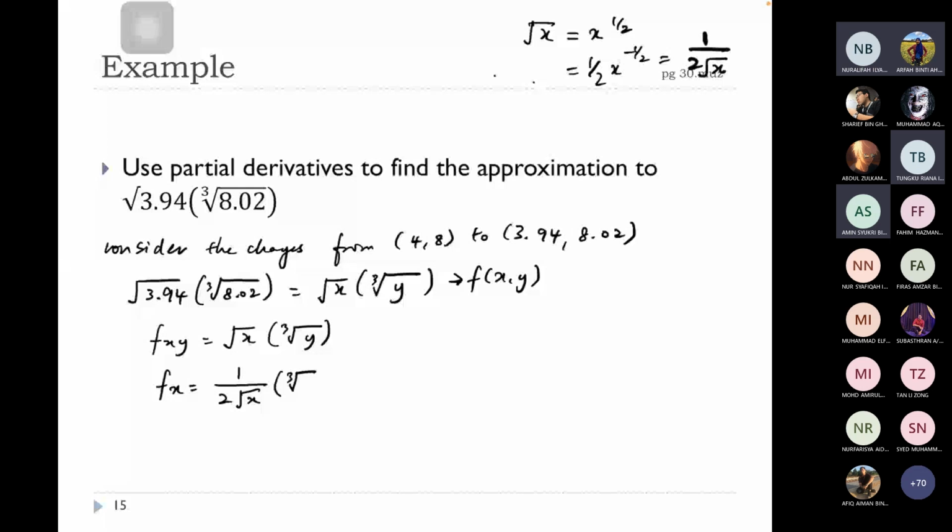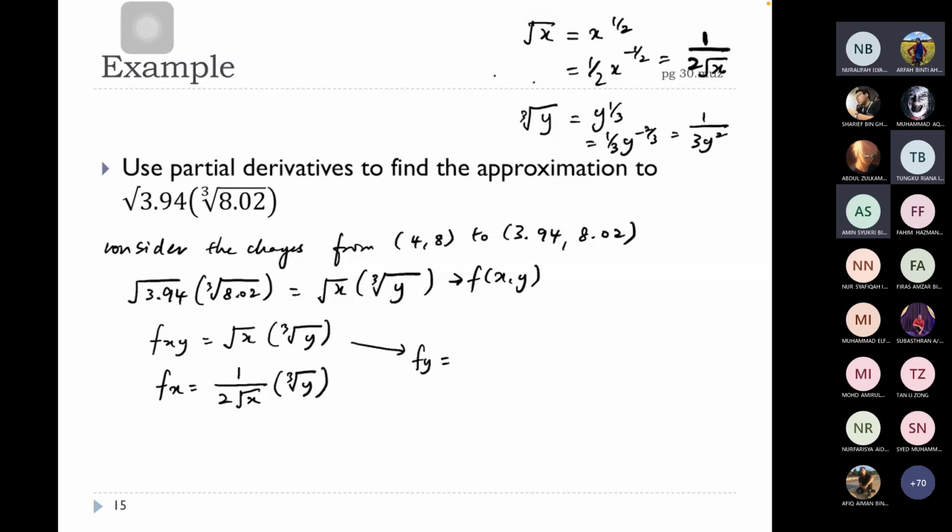So salin balik. So cuba dapatkan from here partial derivative with respect to y. Berapa? In this case you have y kuasa punca kuasa 3. That is y kuasa 1/3. Negatif 2/3.